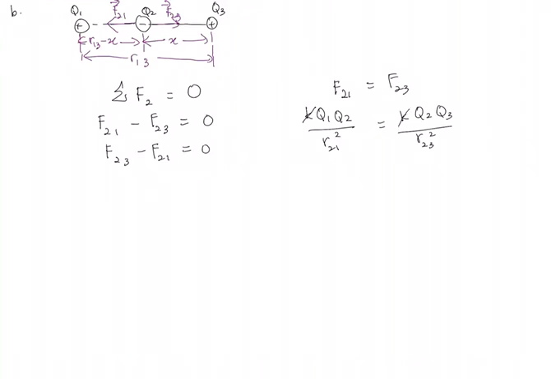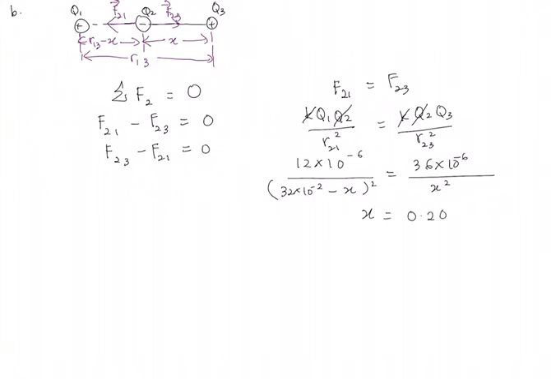K you can cancel, Q2 also you can cancel, so you just have 12 times 10 power of negative 6 divided by 32 times 10 power of negative 2 minus X, squared, equals 36 times 10 power of negative 6 over X squared, and you get X is 0.203 meters.